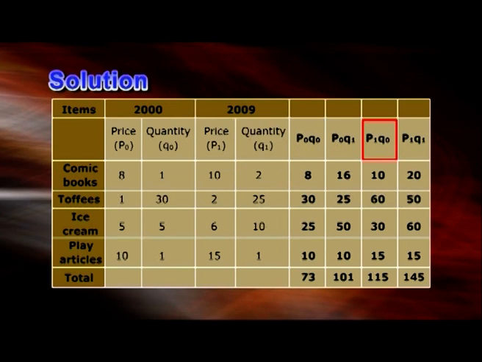We will get the values 10, 60, 30, 15 and the summation is equal to 115. In the last column, we will calculate the product of the current year's P1 and Q1. We get 20, 50, 60 and 15, which gives a grand total of 145.